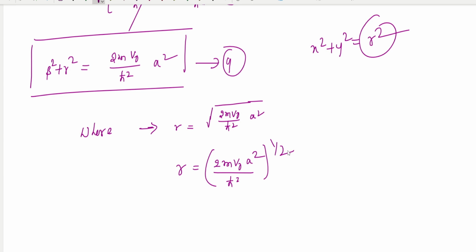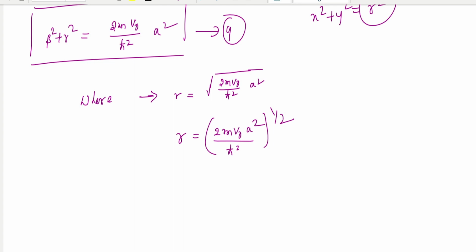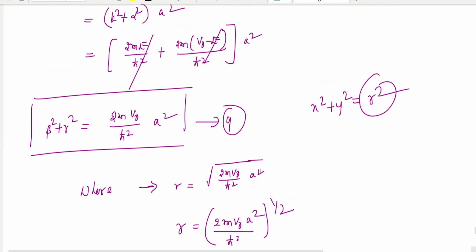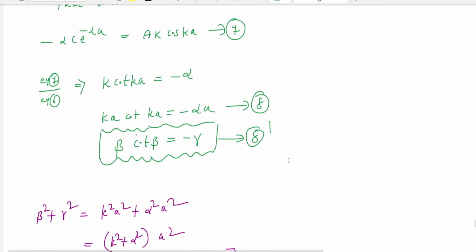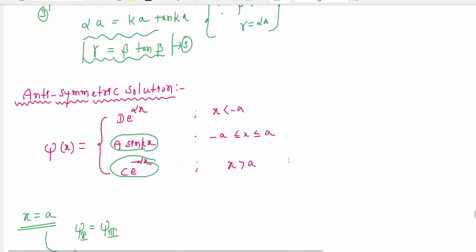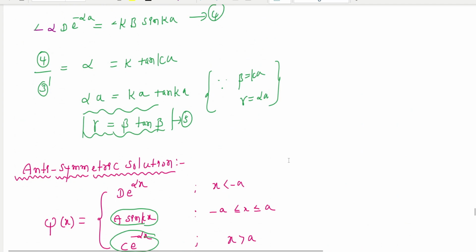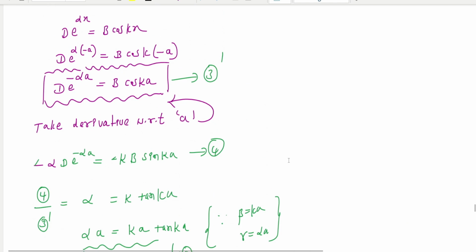So now we are going to discuss the solution of this finite potential one by one. This is the radius of the circle. Now we are going to discuss the allowed energy levels of the different equations.